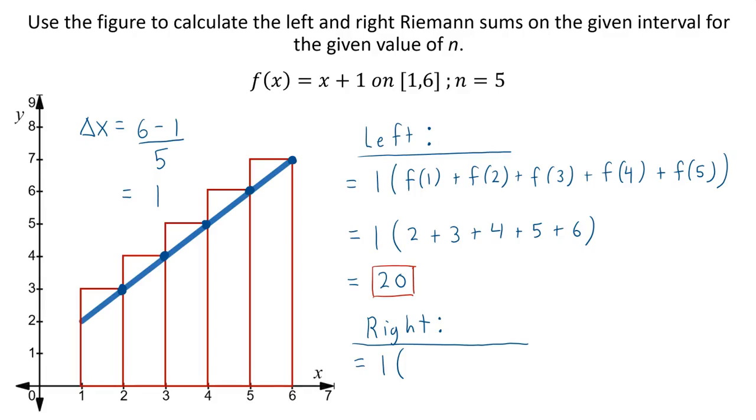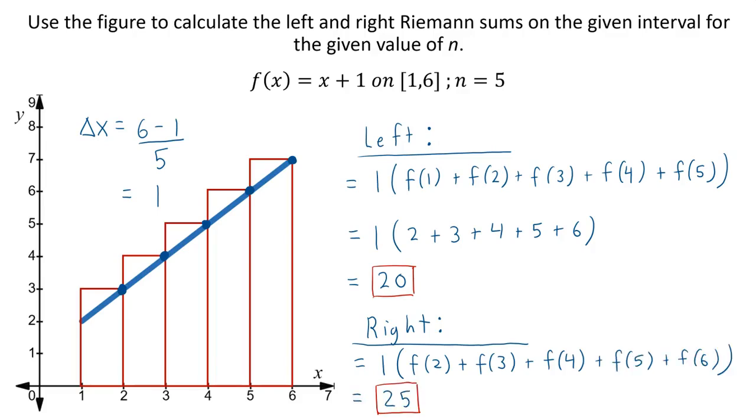The height of the first rectangle is the function evaluated at 2. The height of the second rectangle is the function evaluated at 3. The height of the third rectangle is f of 4, and so on. Evaluating the right Riemann sum gives us 25.